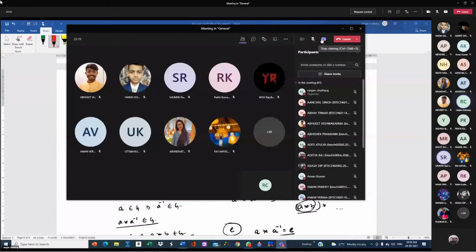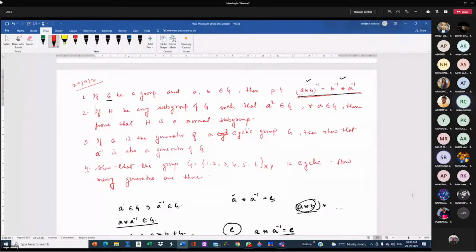Sir, in the second one, do we have to prove abelian group? No, normal subgroup. It is written only that it is a subgroup of G, so a subgroup of an abelian group is a normal subgroup only, so we can do that.